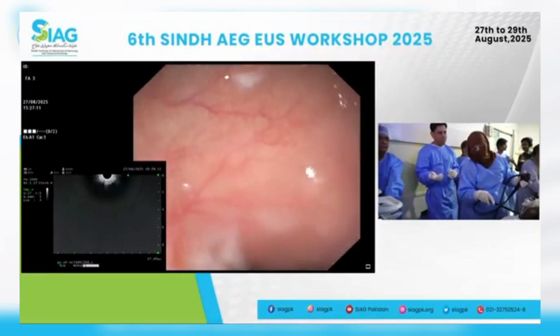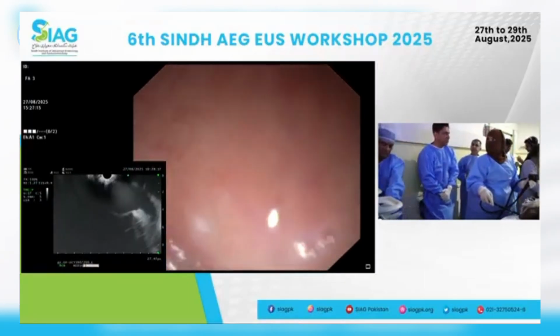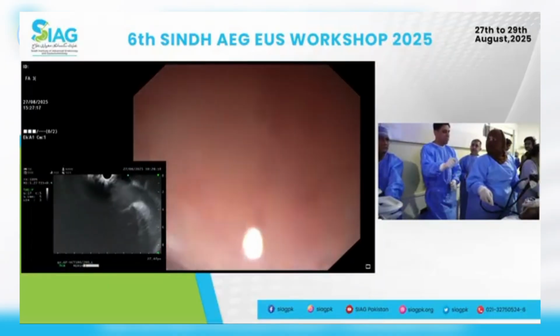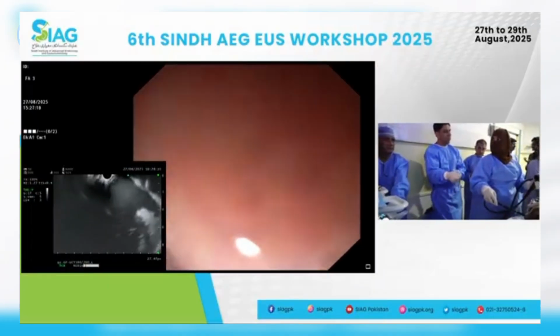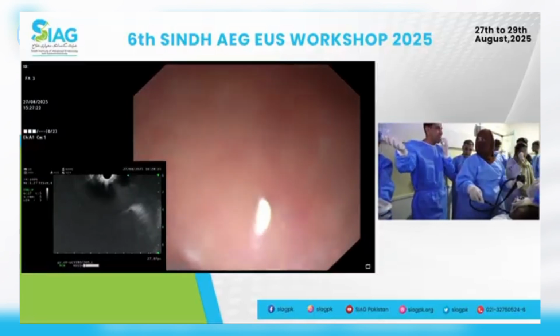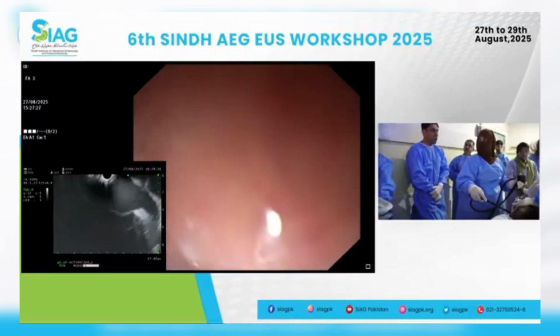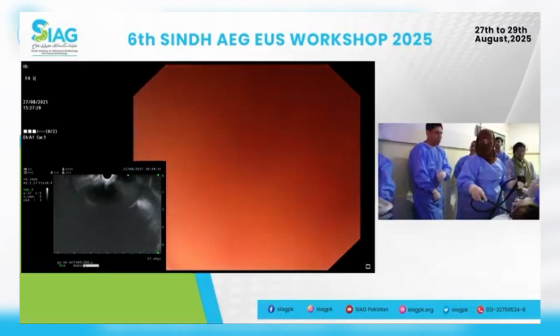Sometimes in therapeutic procedures, when you're draining collections, especially from the pancreatic tail region, before you realize where you are, when you're adjusting your scope position you may end up very close to the GOJ where you may actually have to puncture. So it's good to know exactly where your gastroesophageal junction is.